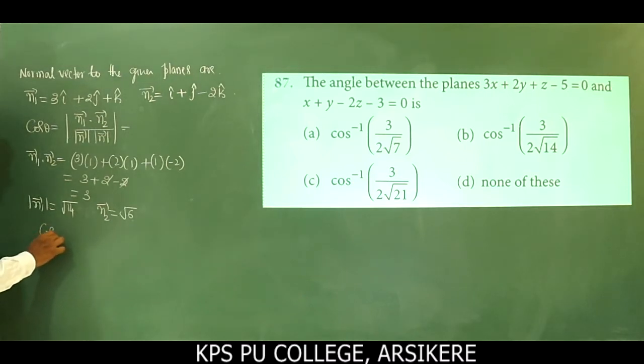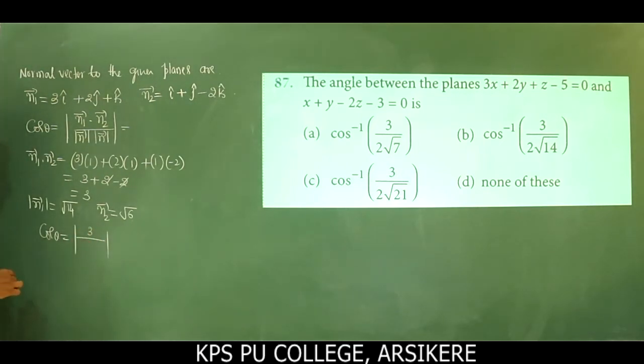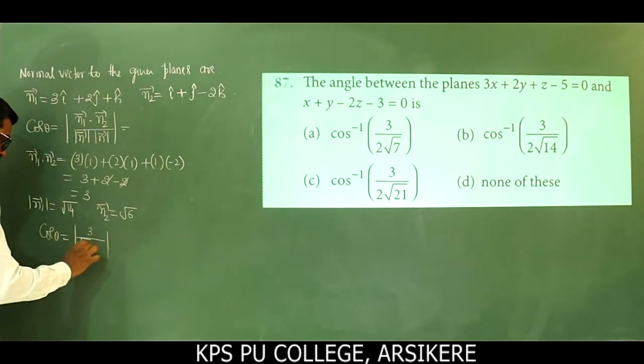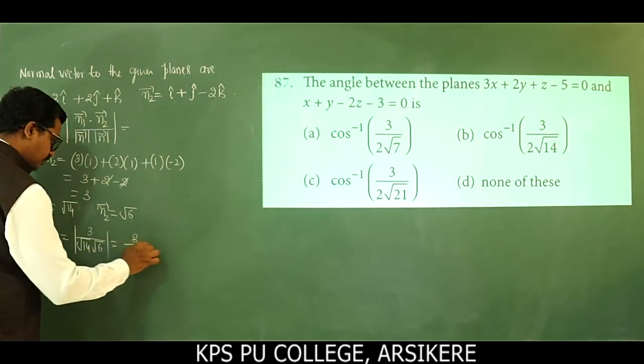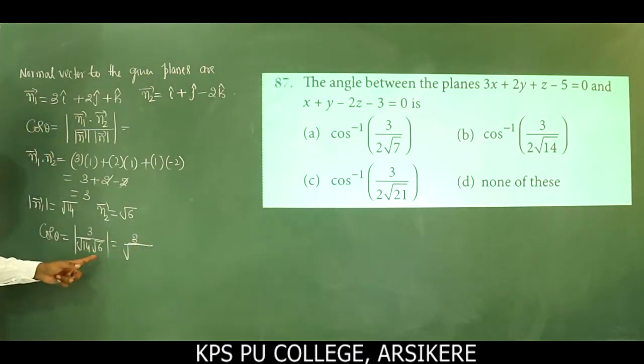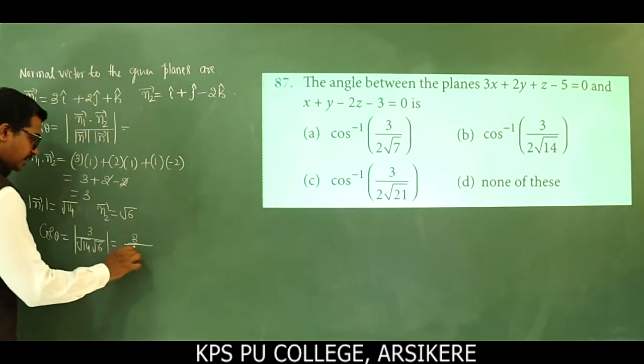Therefore cos theta is equal to 3 divided by root 14 into root 6. Root a into root b can be written as root of ab, so 14 into 6 becomes 84.